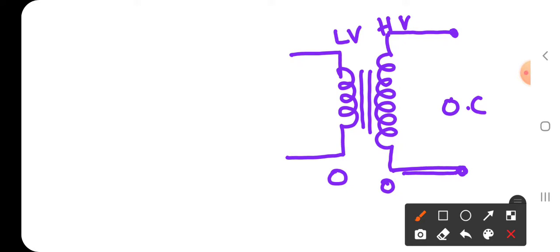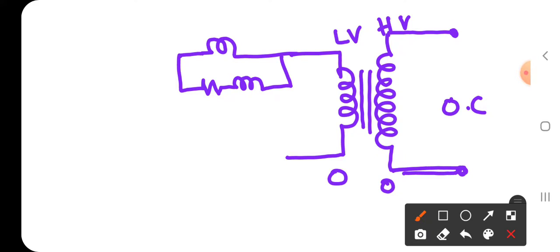Now I want to find out the loss. To find the power, I will connect one wattmeter. The main function of this wattmeter is to measure the power. Which type of wattmeter do I have to take, UPF wattmeter or LPF wattmeter?